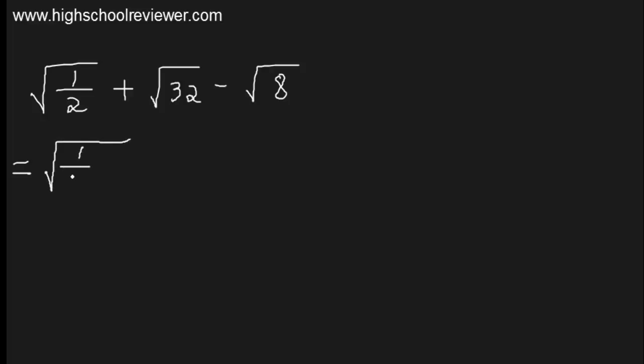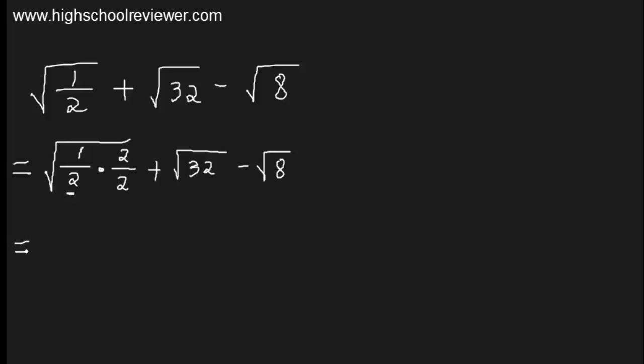So this will be 1/2, and then we will multiply this by a fraction. The numerator and the denominator would be the same as our denominator. So we are going to multiply 1/2 by 2 over 2, plus the square root of 32 minus the square root of 8. So later we will touch the square root of 32 and the square root of 8.